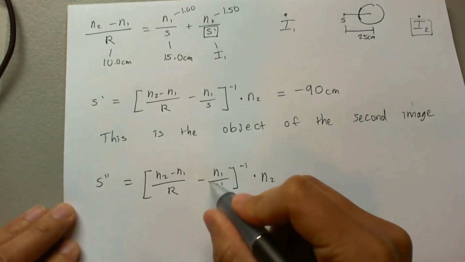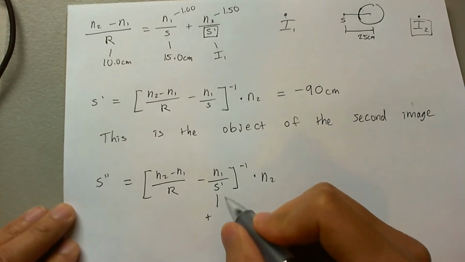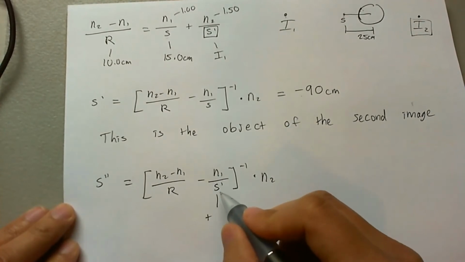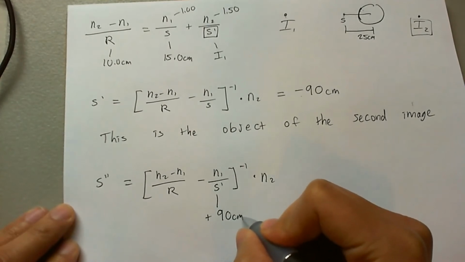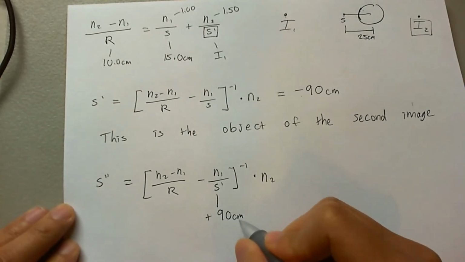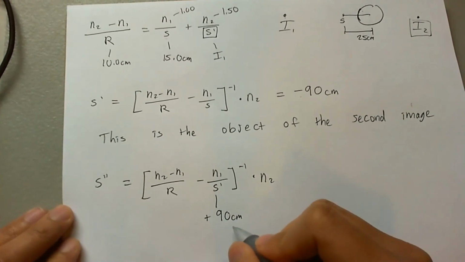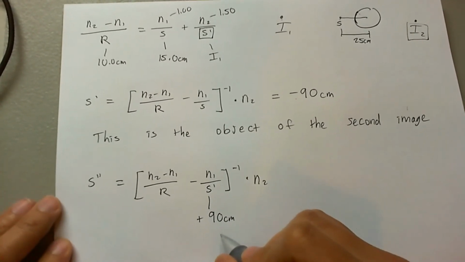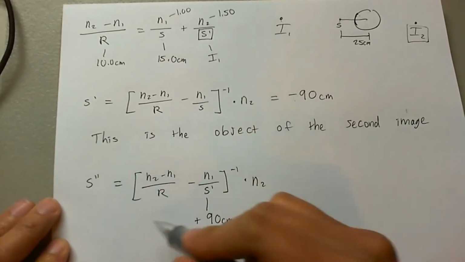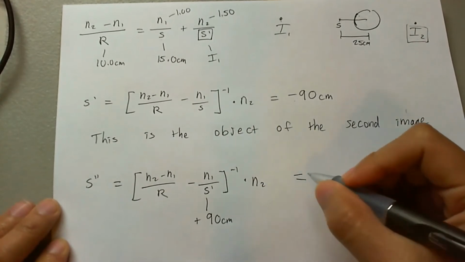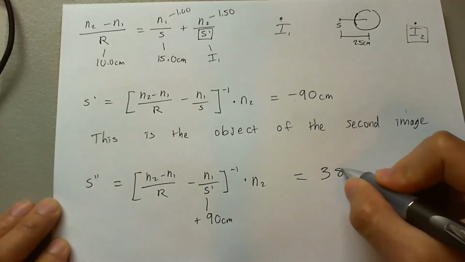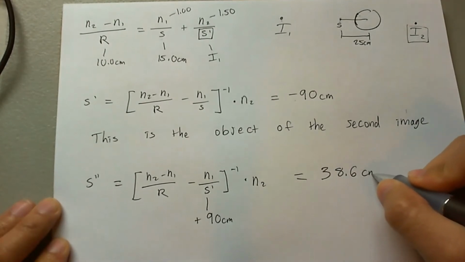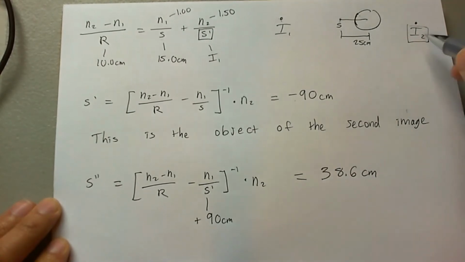Since it's on the left side of the lens, you're going to now make this a positive 90 centimeters because that's convention. Convention is that objects are on the left side, so it's a positive value. So now we put in a 90 instead of a negative 90. You do the calculation, and you're going to agree with me that the final image is going to be 38.6 centimeters to the right since it's a positive.